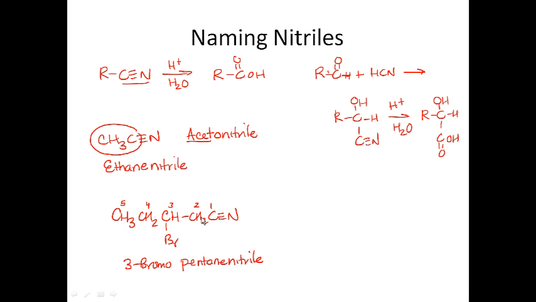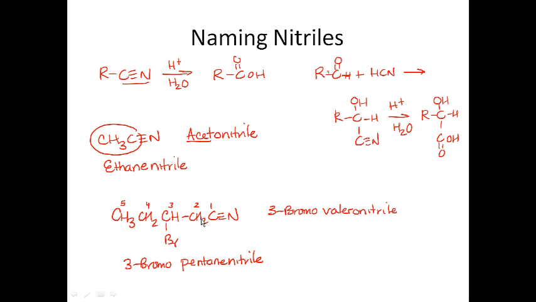So down here we'd have to remember what the 1, 2, 3, 4, 5 carbon acid is, and that's valeric acid. So you could actually call this either 3-bromovaleronitrile, because the 5 carbon acid is valeric acid, or sometimes people will use the Greek lettering for this.